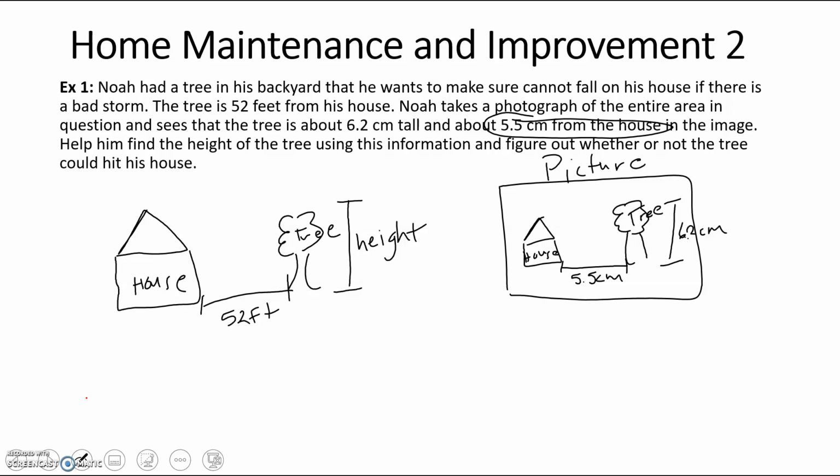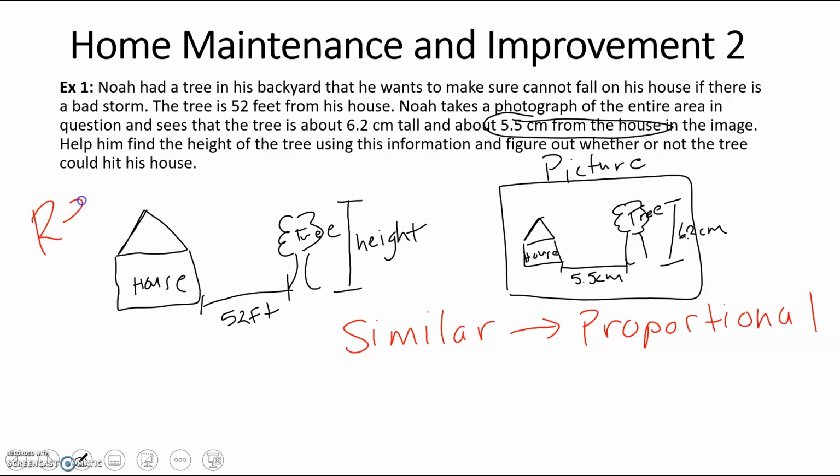Now, because these two, the real and the picture, are images of the same thing, we know that these are what we call mathematically similar. And when things are similar, they follow the property of being proportional. In other words, they form equal ratios.